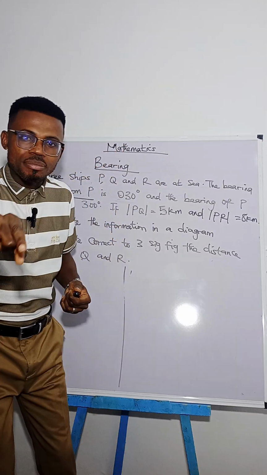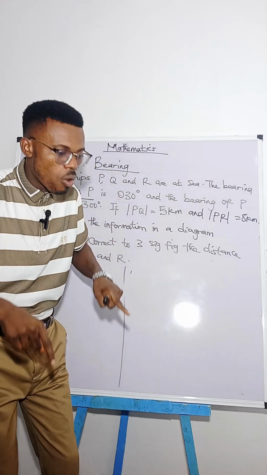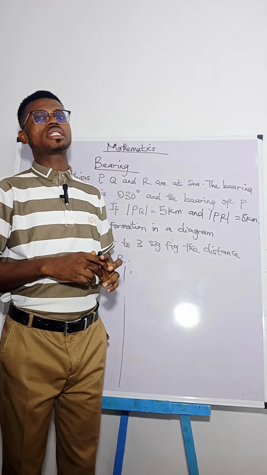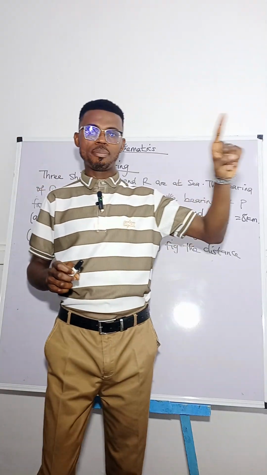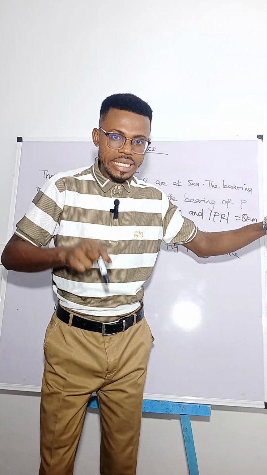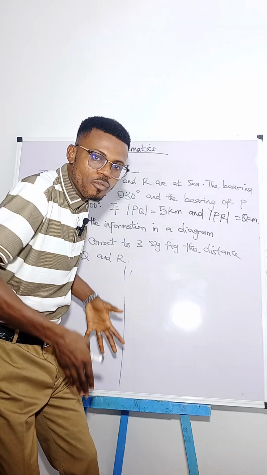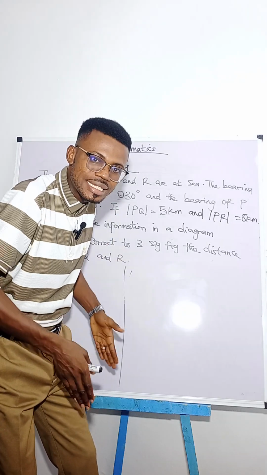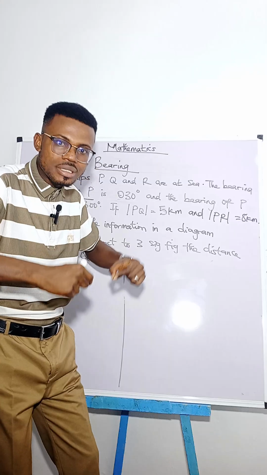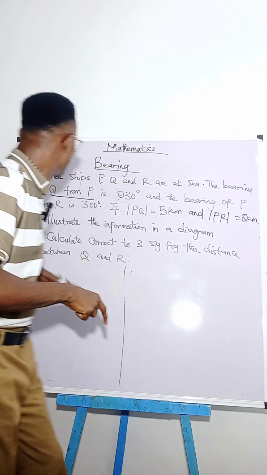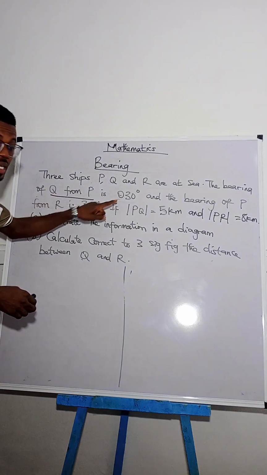Now, from P means our starting point or initial point is point P. Take for instance, I say travel to Abeokuta from Lagos Airport. That means your takeoff point, initial point, starting point will be Lagos Airport. So the from is the initial, the starting. So Q from P is 30 degrees.